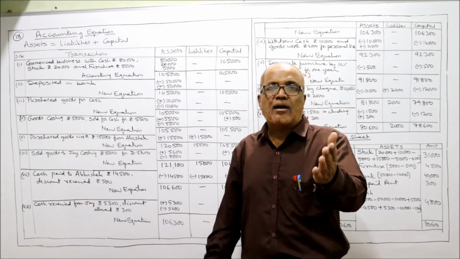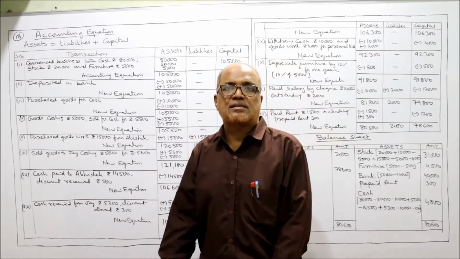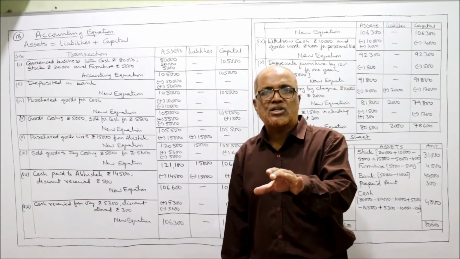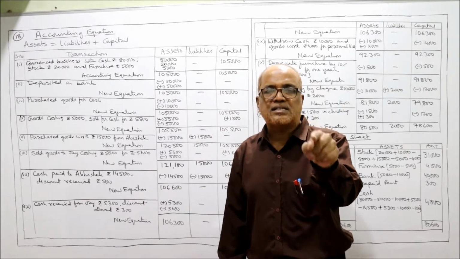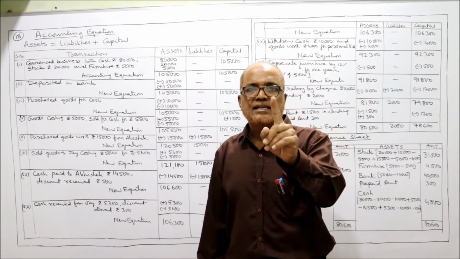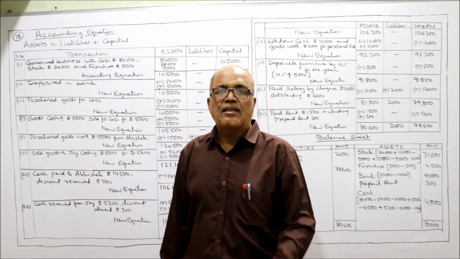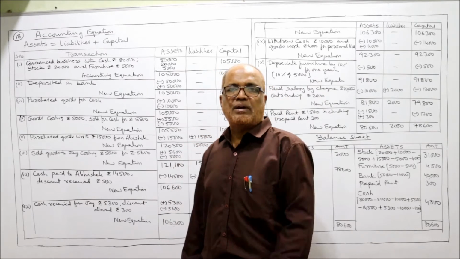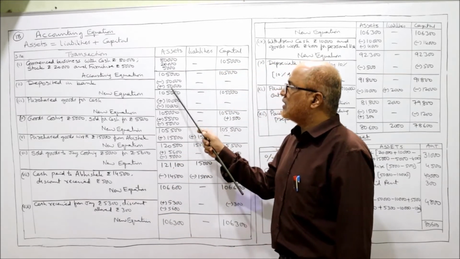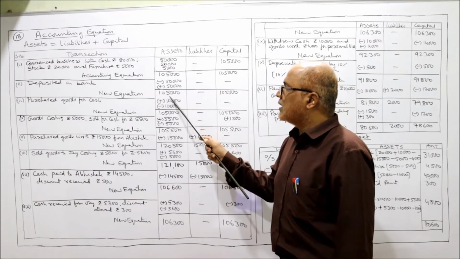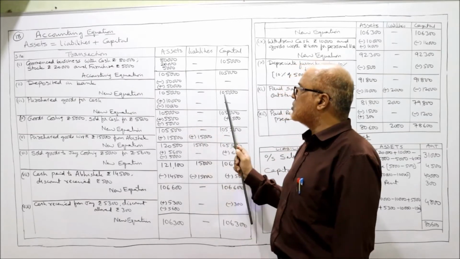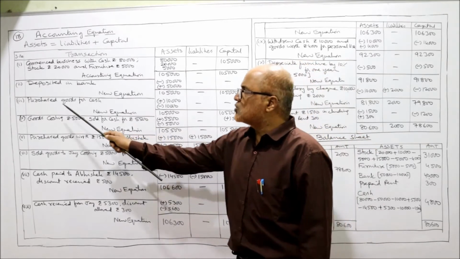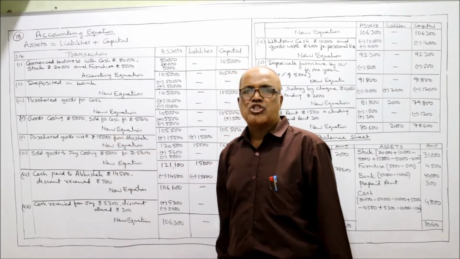Cash and bank both are assets, so the impact is only on the asset side. One asset increases, the other asset decreases. Minus 50,000 plus 50,000, the total remains the same. New equation: 1,05,000, 1,05,000.